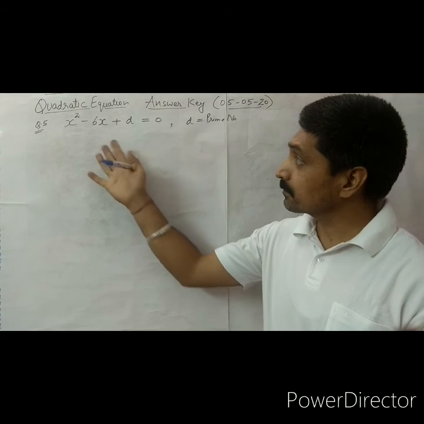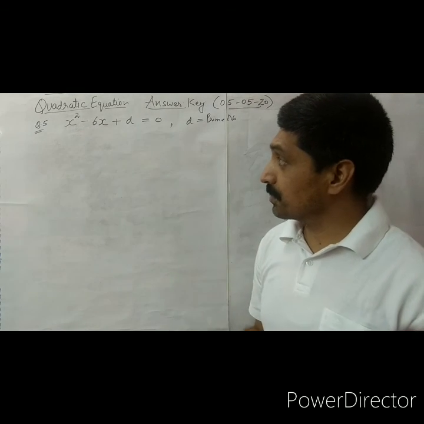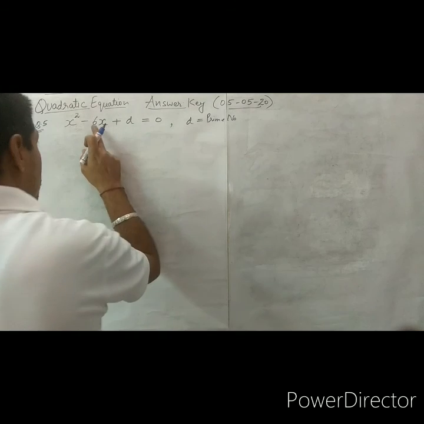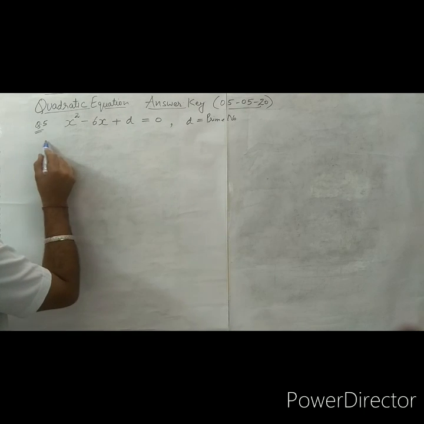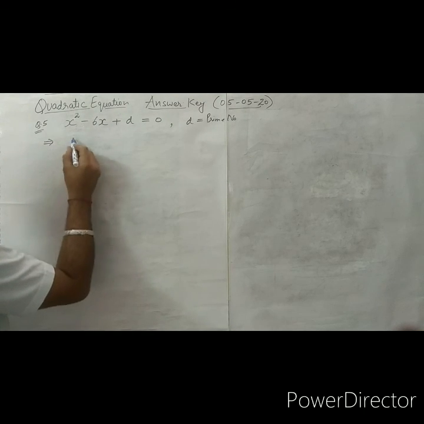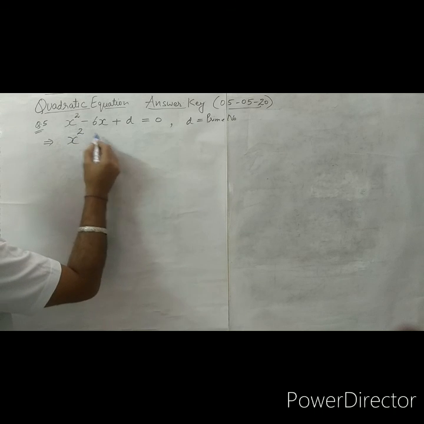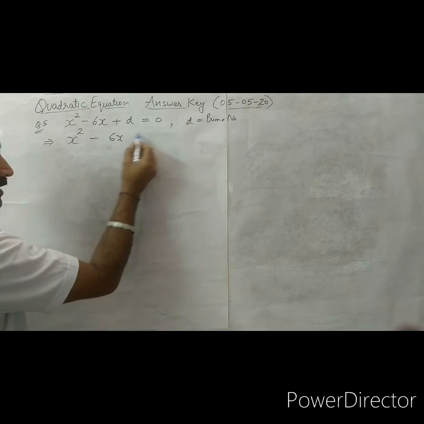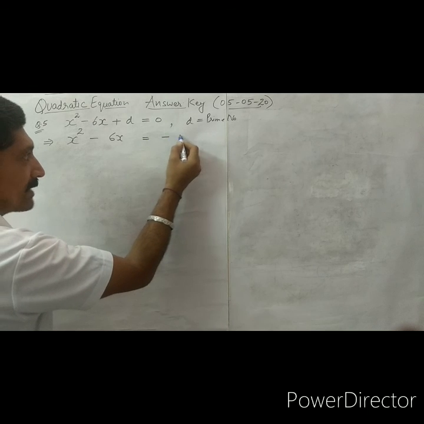So here in this equation x square minus 6x plus d, we will go for completing square method. Here x square minus 6x is equal to minus d.